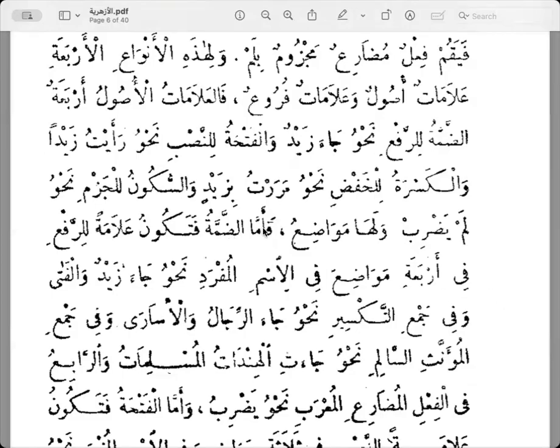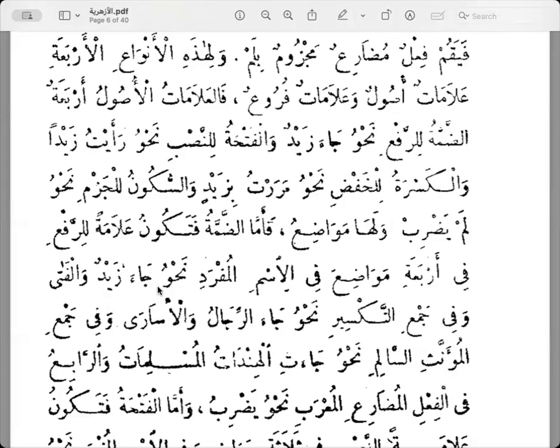فأما الضمة فتكون علامة الرفع في أربعة مواضع: فالاسم المفرد. The word mufrad we've seen before. What do we mean here? We mean literally mufrad meaning singular. A singular noun, how will it demonstrate the rafa' state? You'll demonstrate the rafa' state with a dhamma, نحو جاء زيد والفتى وفاطمة.